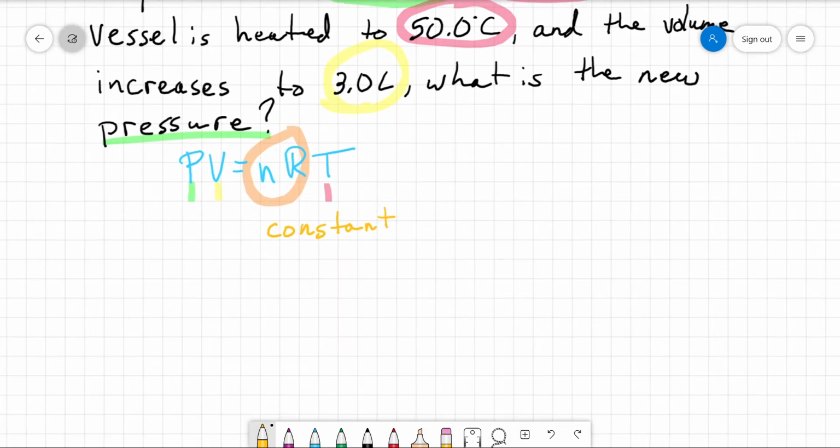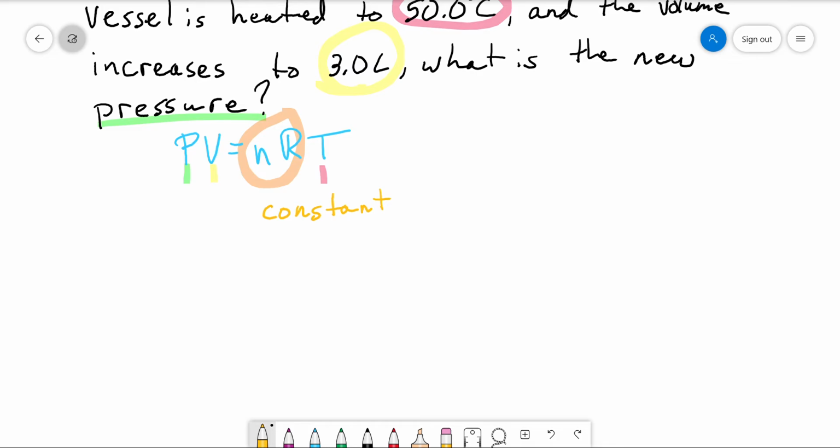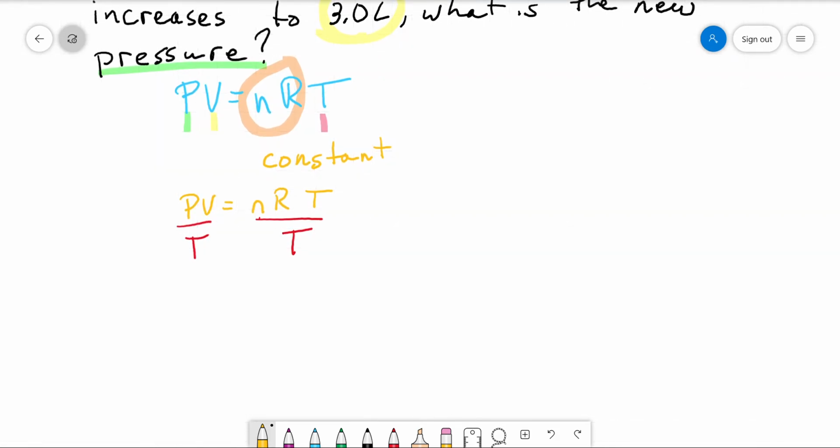And because they are constant, what I can do is rearrange PV equals nRT, isolate what's constant and what's variable, and we can make ourselves a new equation.